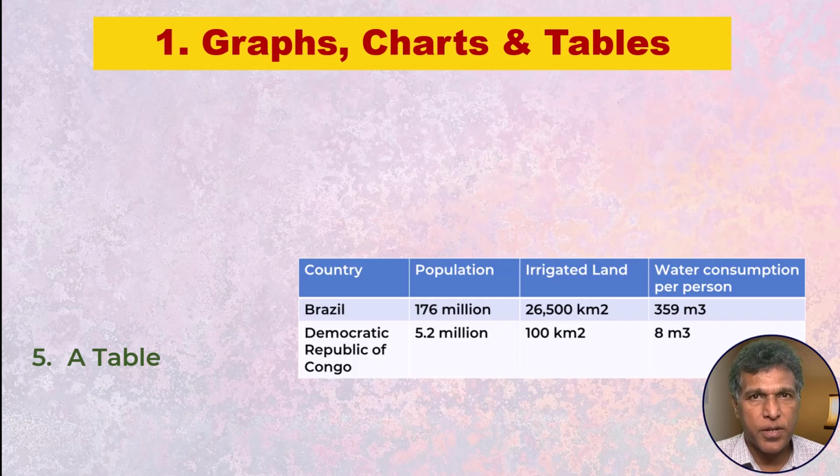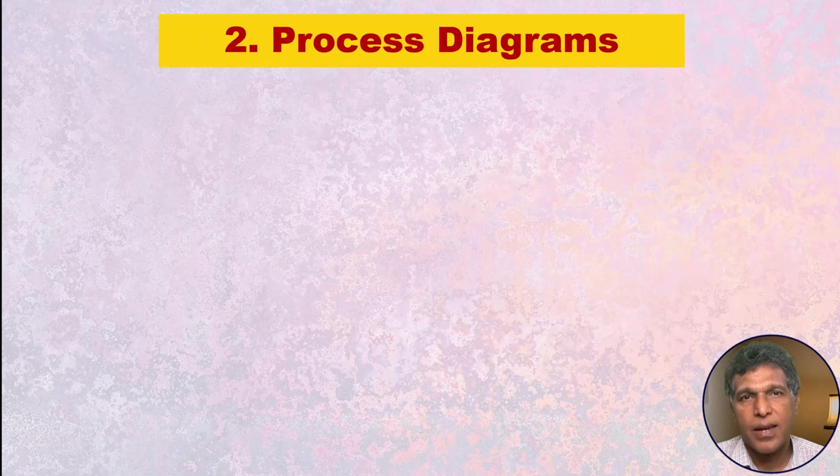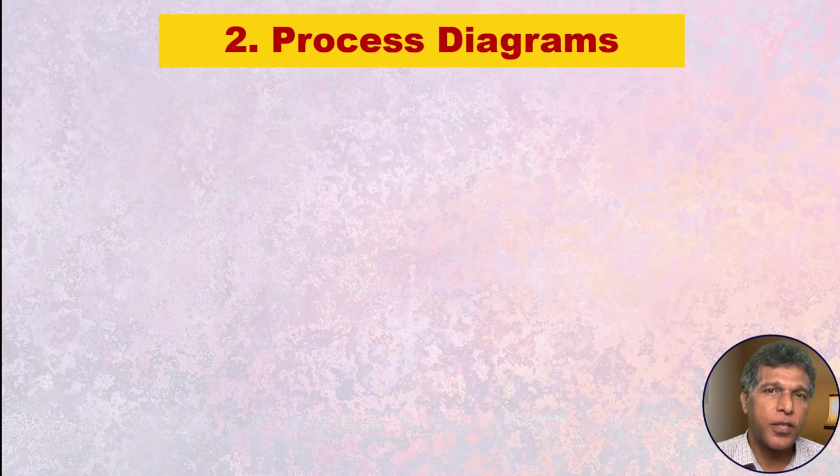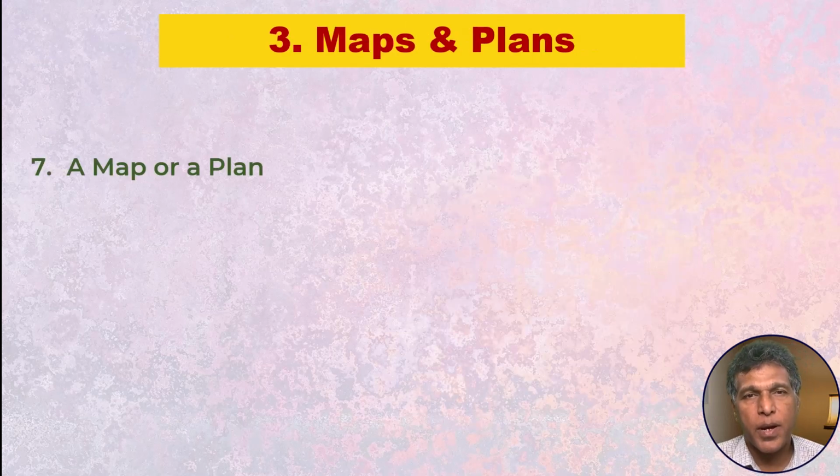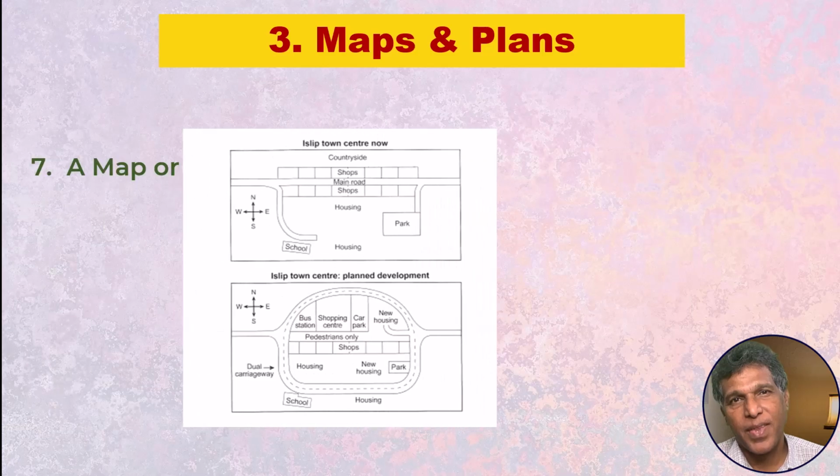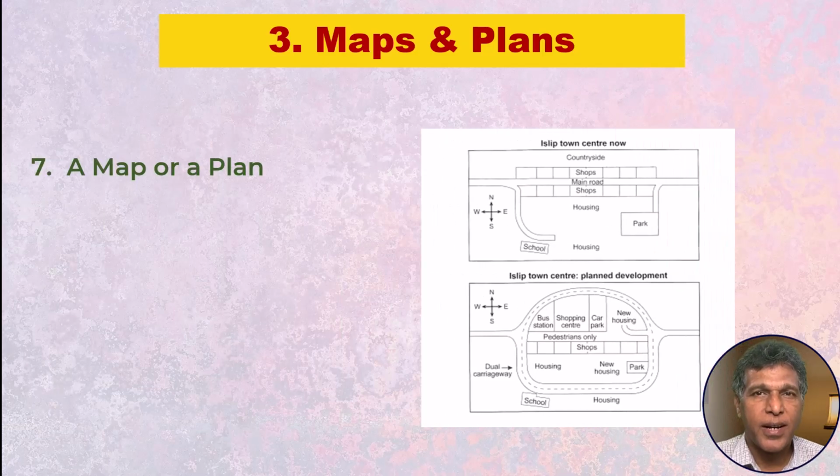So this template will make reporting these 5 illustrations a piece of cake. The second category has a process diagram, and the third category has a map and a plan. Remember, the examiner asks you to write a report on 1 out of these 8 illustrations.